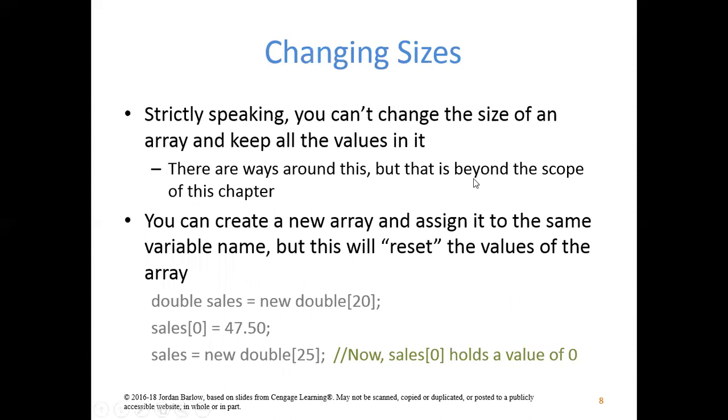So in this example, if you had an array of doubles called sales and then you assign it a value, then even though this variable is already declared, we don't have to declare it again. But if we assign it a new double array object, now that's erased the values that were in the elements of that array.